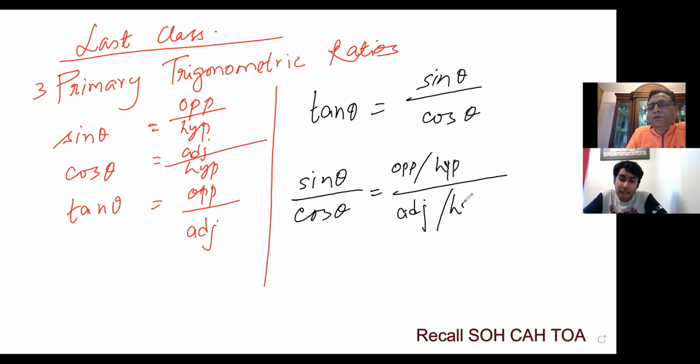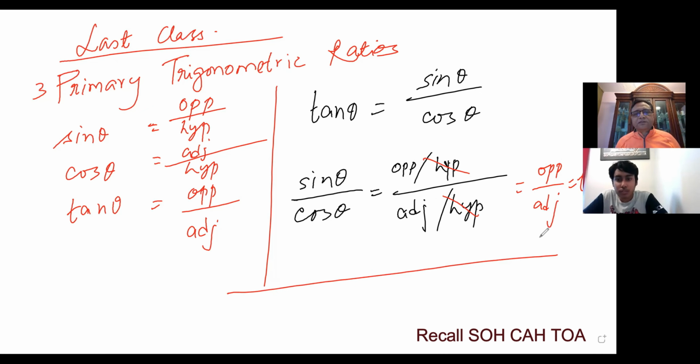As you can see, the hypotenuse cancels. What we're left with is opposite over adjacent, which is tan theta. Is that clear to you? So all this we did last time, and so we jumped into our first example straight into tan theta, correct?